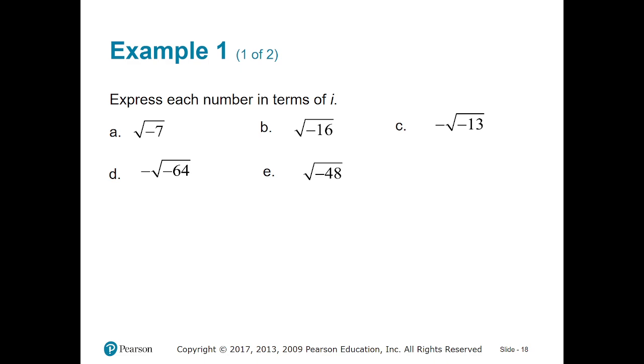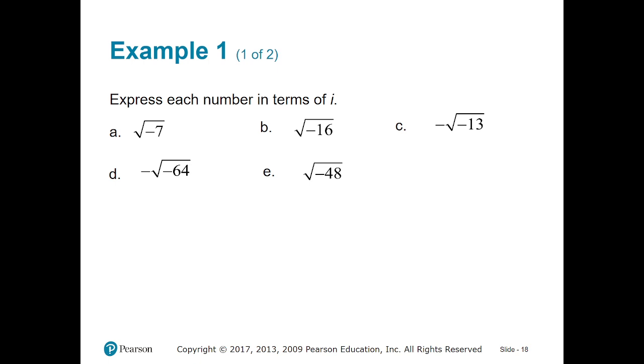Okay, last one here, part E. The square root of -48 is going to be the square root of -1 times the square root of 48. 48 is 16 times 3. Yeah, 48 is 16 times 3, I just double checked it with myself.